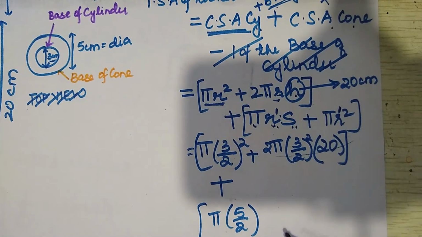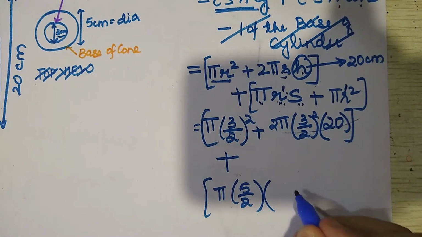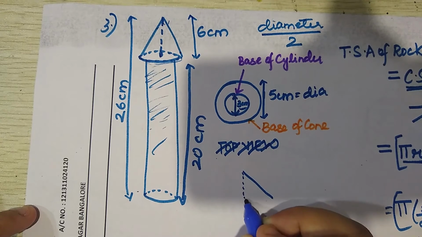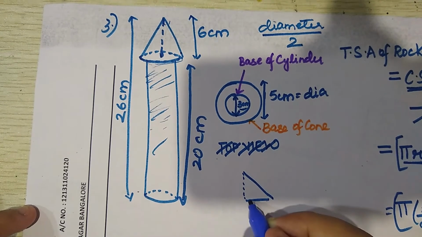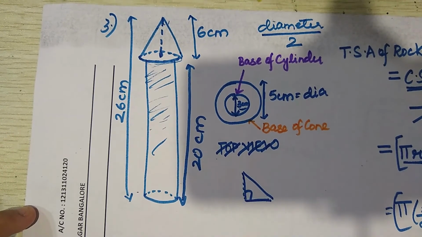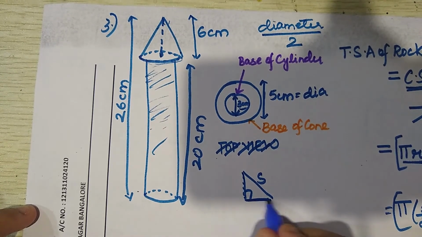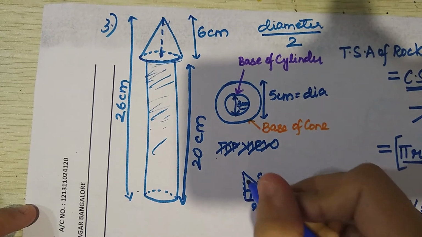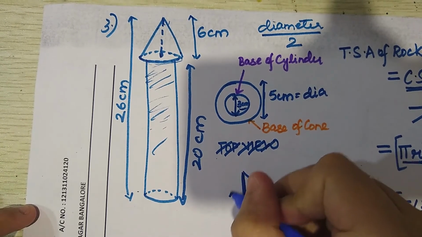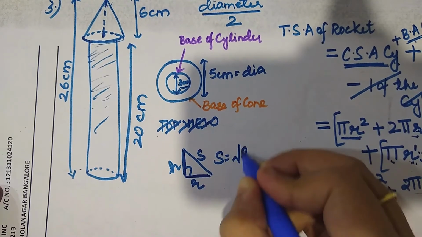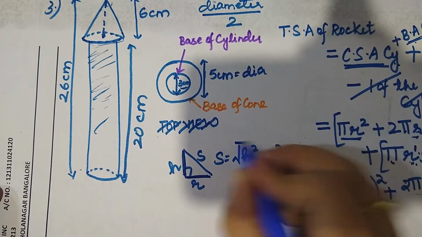Then the slant height. For the slant height, you have to do some calculations. I told you, in coordinate geometry, how do you find the slant height? You use the Pythagoras theorem. If you want to find the slant height, and this is the radius, and this is the normal height, so S is equal to square root of h square plus r square.